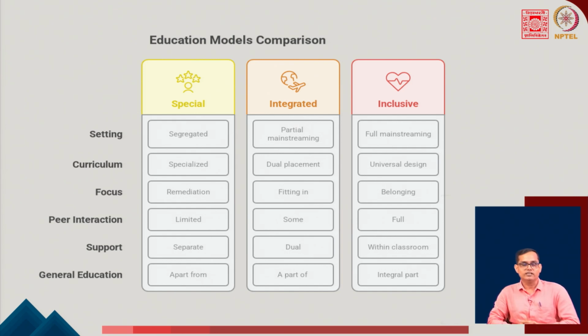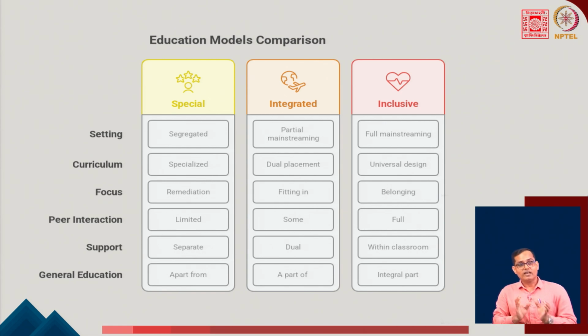However, integrated education believes in dual support. It can get support from special education as well as from general education. However, inclusive education provides support within the classroom like non-disabled children. So, every requirement, every need of children with disabilities is met in the classroom.